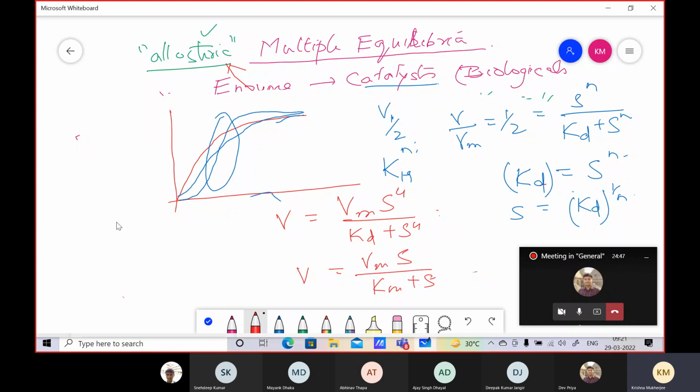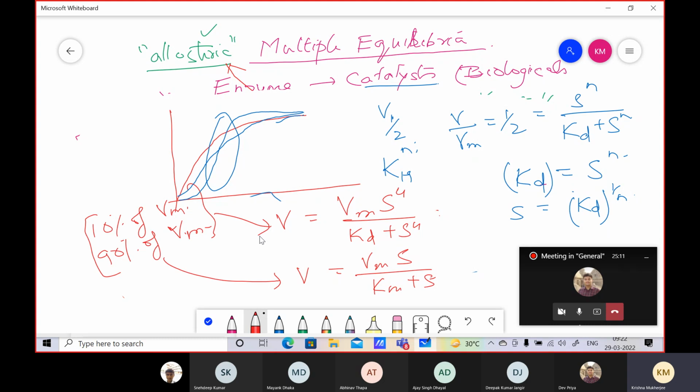Now, suppose I say that I want to increase the velocity from, say, 10% of V max to 90% of V max. Or you can take 20% or 80%, whatever. I'm just sort of saying. Now, what is the amount of substrate concentration that needs to be increased here, and here?